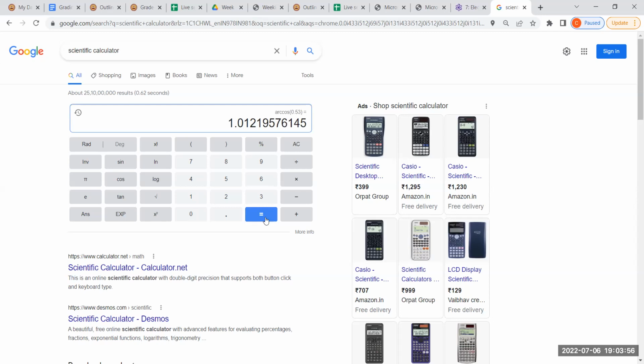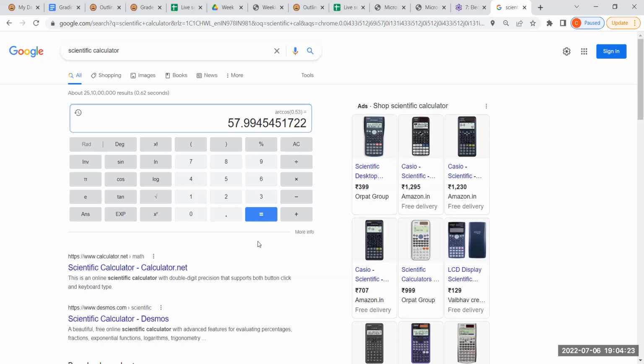You can see the answer is in radians. I'll convert into degrees. That's the answer, roughly 58 degrees, 57.99 degrees.